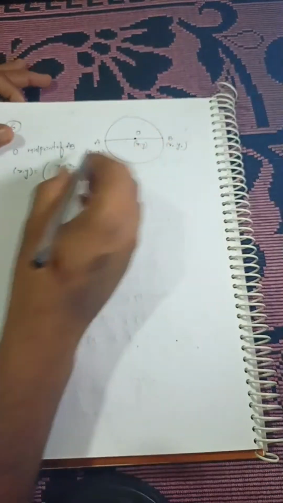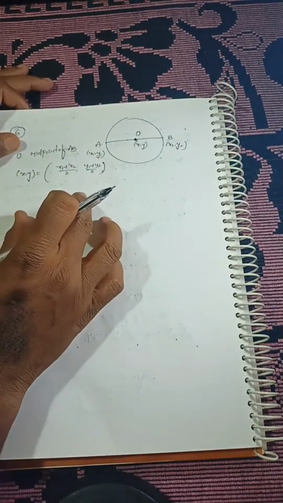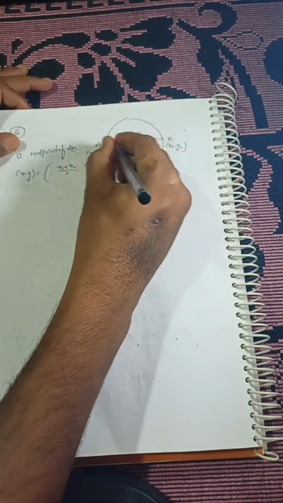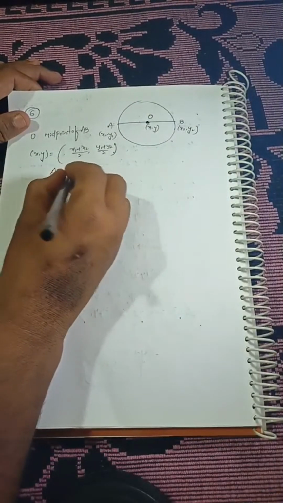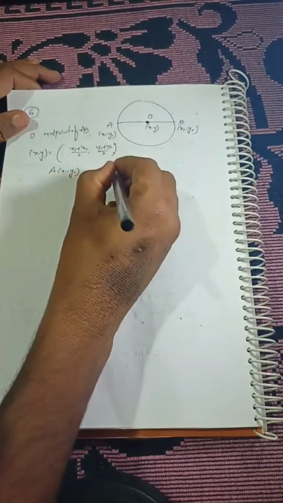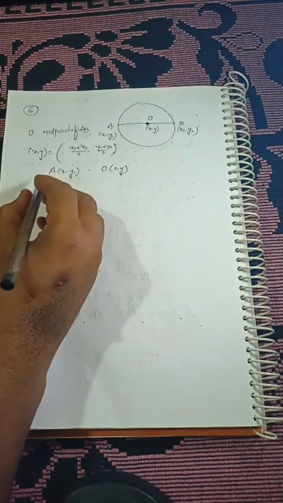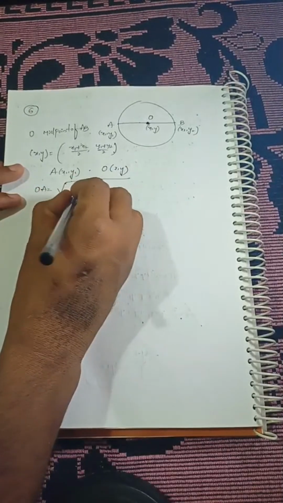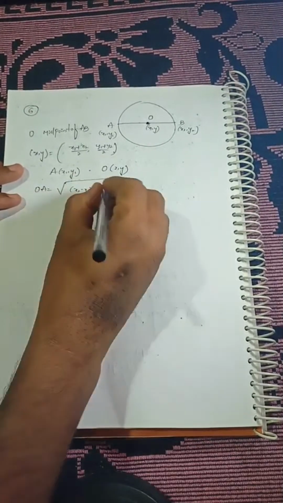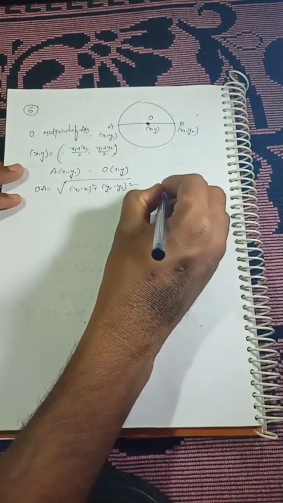Very simple: first find the midpoint of AB, you will get a value. Now you have the A value and the O value. Take A as x1 comma y1 and O as x comma y. Then the OA distance is the square root of x2 minus x1 whole square plus y2 minus y1 whole square, and you will get the radius.